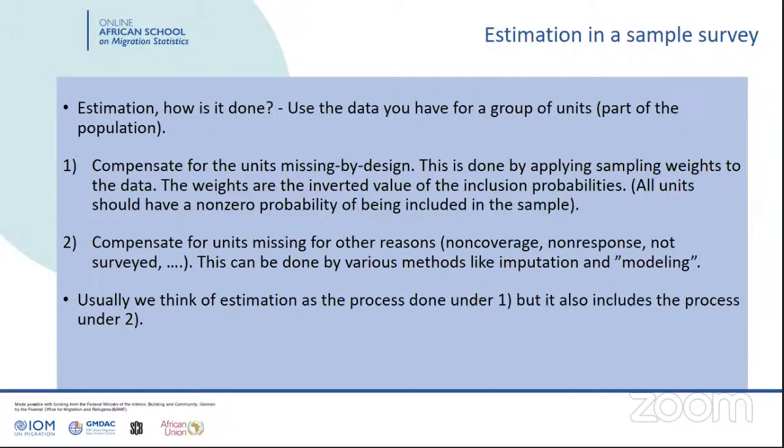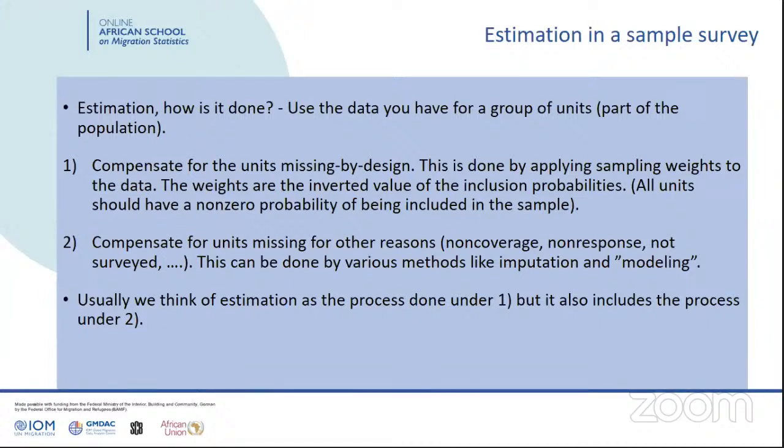And the weights, sampling weights, are the inverted values of the inclusion probabilities. And all units in the population should have a non-zero probability of being included in the sample. So all units should have a chance of being included. And we should be able to calculate that probability.